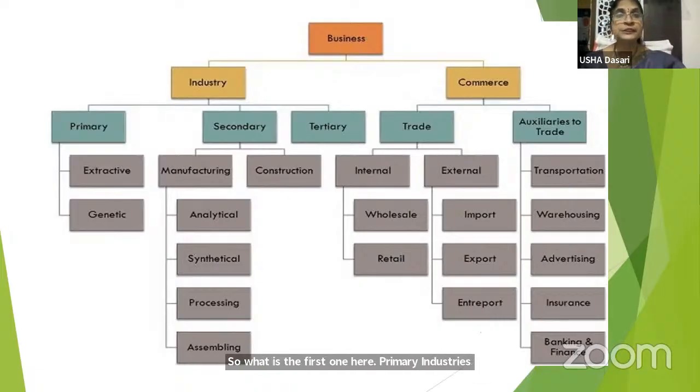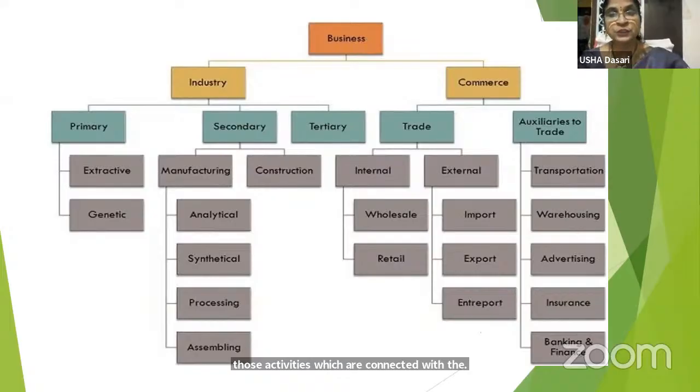As the name itself indicates, primary industries relate to those activities which are connected with the extraction, production, or processing of natural resources and the reproduction of living species. They are classified as extractive and genetic industries.